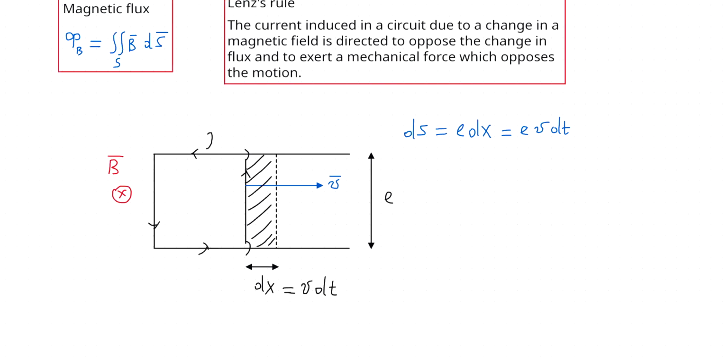If we use the right hand rule according to the direction of induction current, the thumb of the right hand will show us the direction of vector dS.